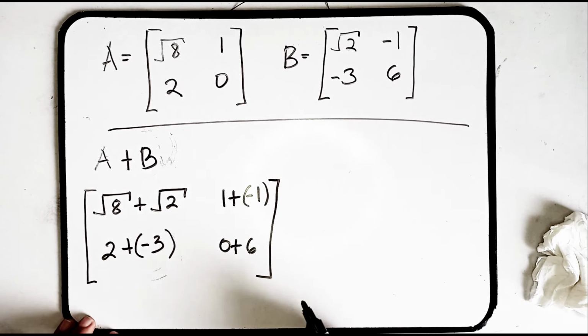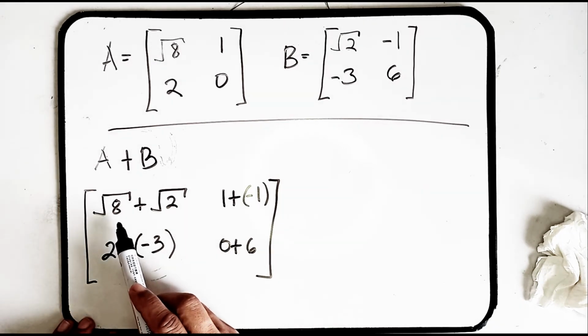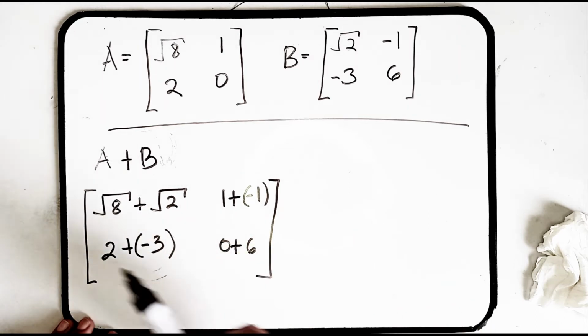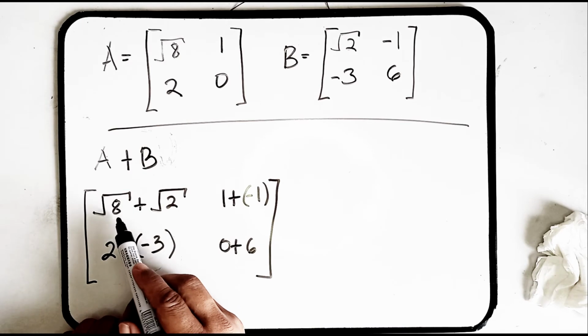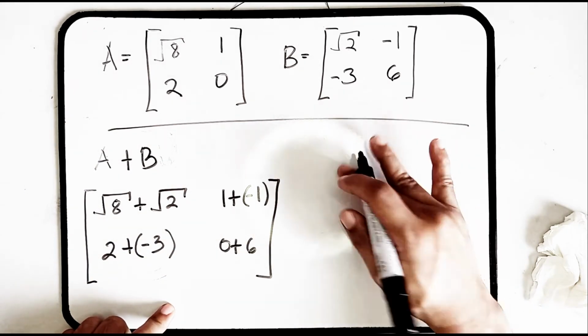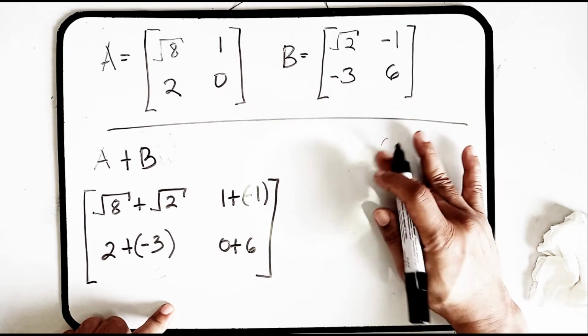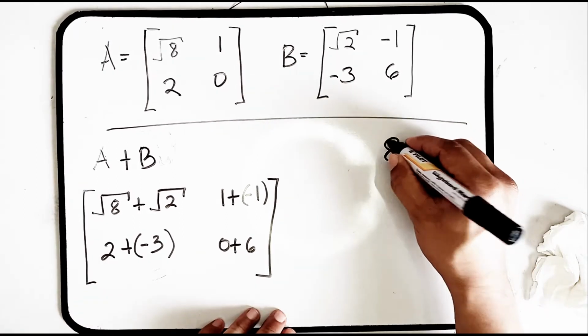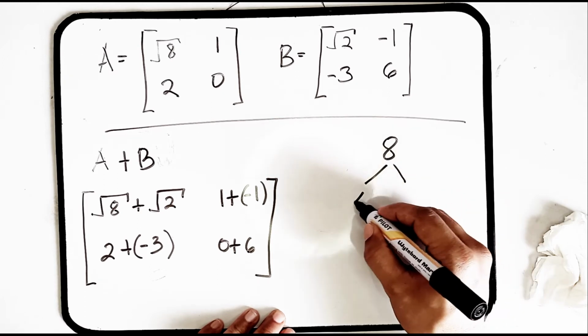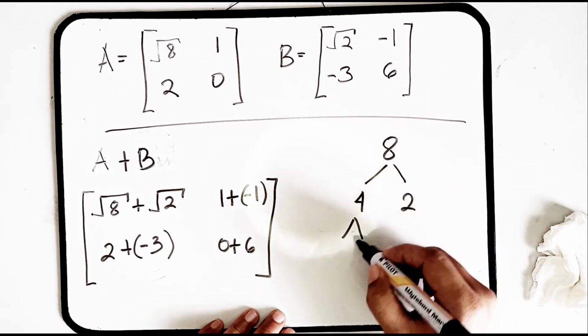Okay, so this means that we have to do some radicals here because we have radical expressions. So now we have to take out 2 because basically we have 8. If we have 8, this is 4 and 2, and this is 2 and 2.